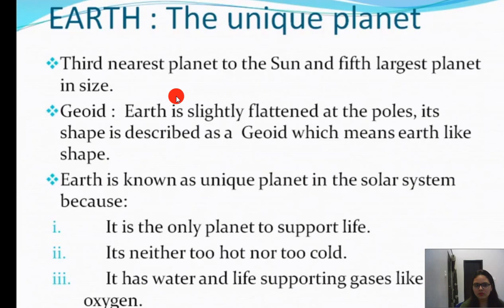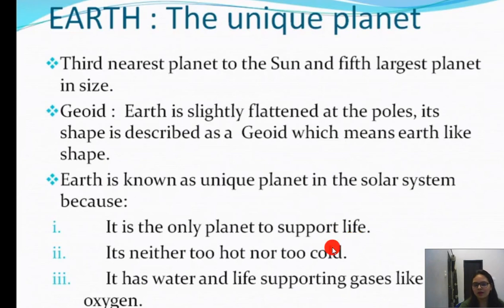Its shape is described as geoid. Earth is known as unique planet because it is the only planet to support life. It's neither too hot nor too cold. It has water and life supporting gases like oxygen. Oxygen is very important for us.